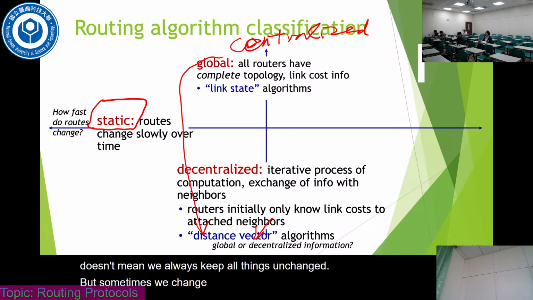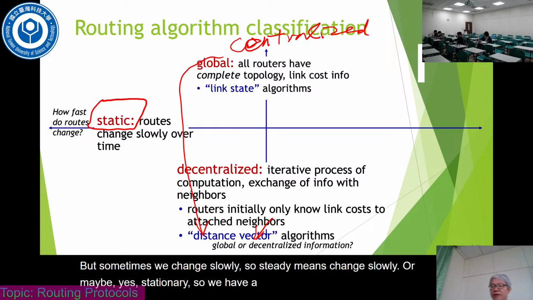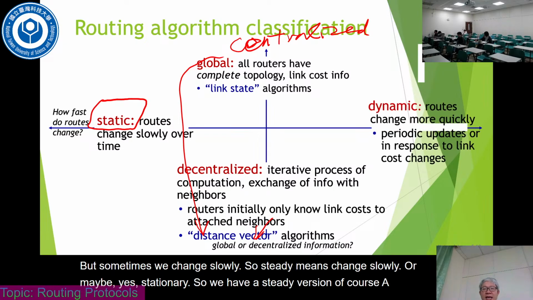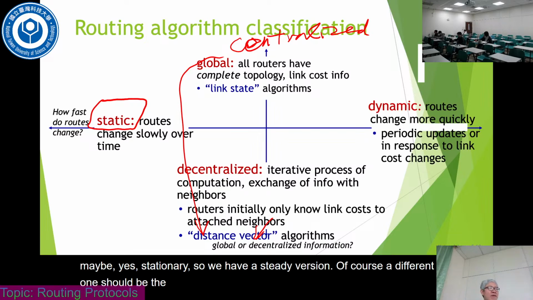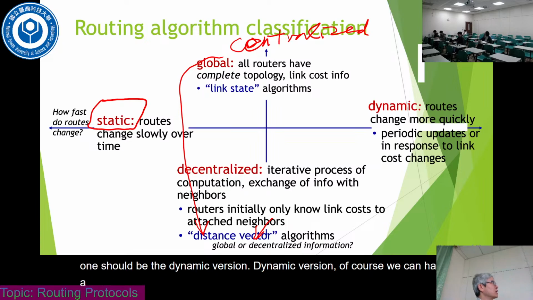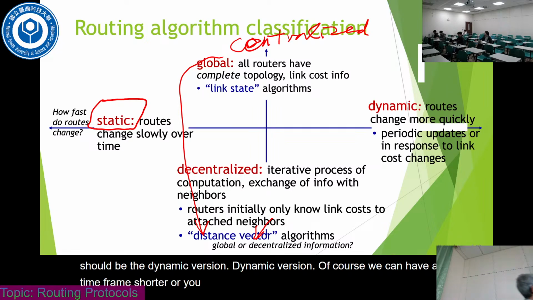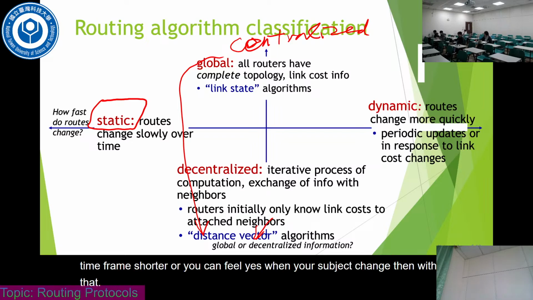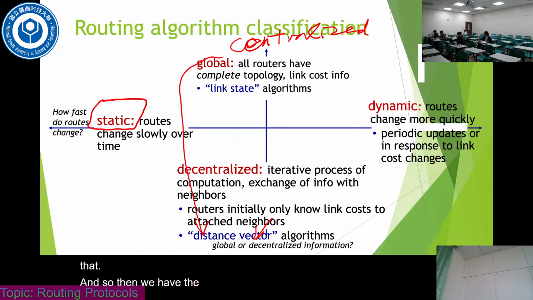So static means change slowly, or stationary. Of course, a different one is the dynamic version. For the dynamic version, we have a shorter time frame. If we know something changed, then we update.